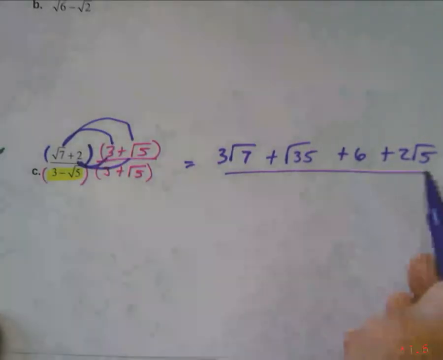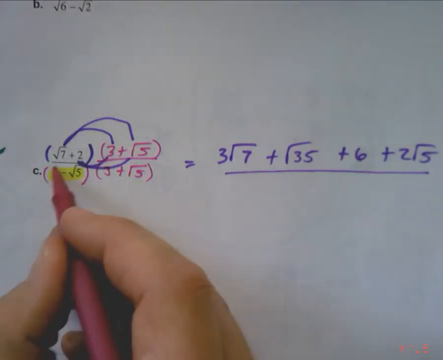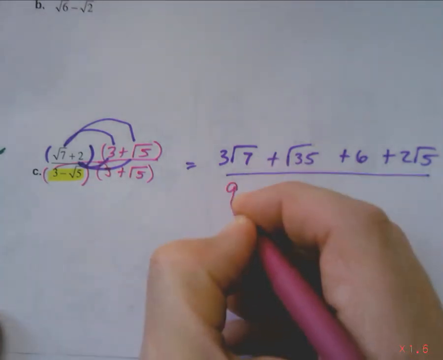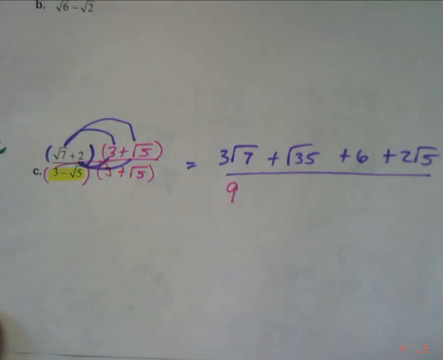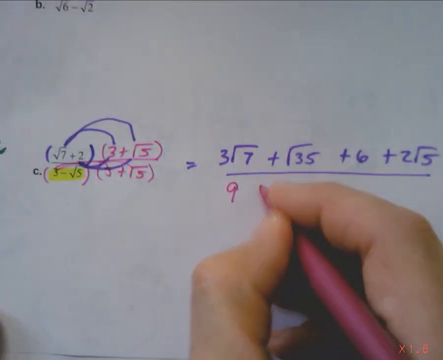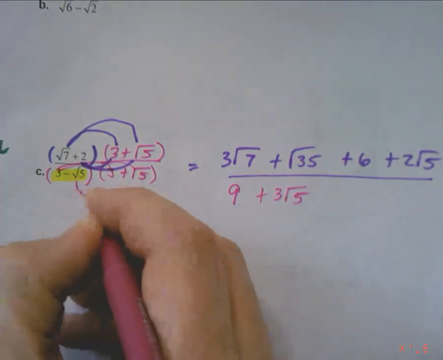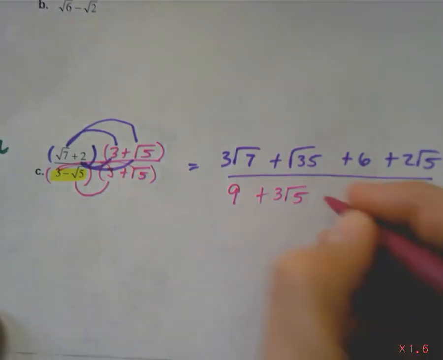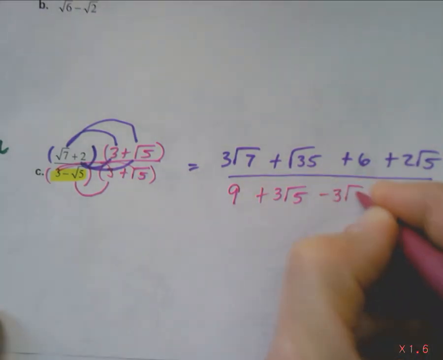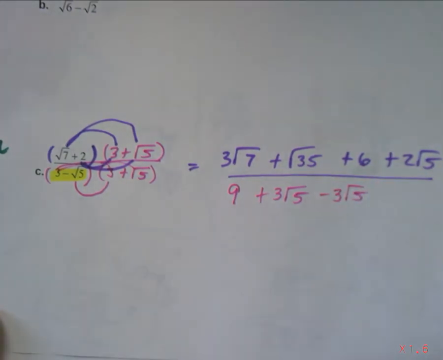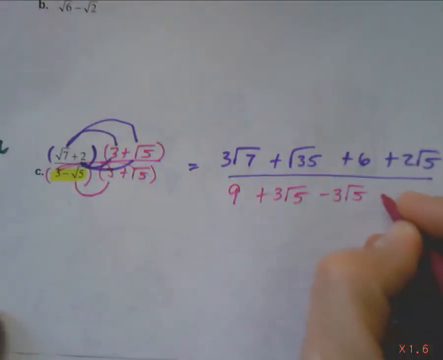And now I'm going to do the bottom. So I got 3 times 3 is 9. I got 3 times root 5 is 3 root 5. And now I got negative root 5 times 3. That's negative 3 root 5. And then negative times a positive is negative.